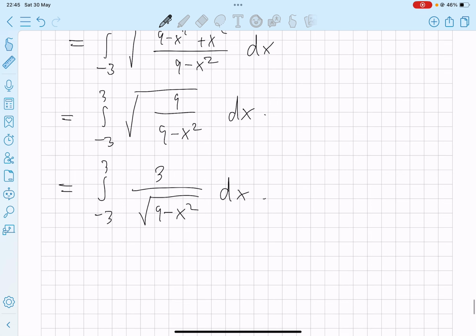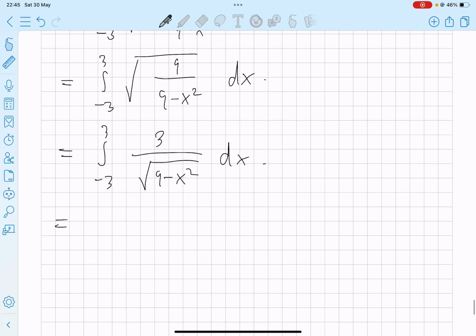So I will put 3 outside the integral. Inside we have 9 minus x squared to the power of negative 1/2 dx.